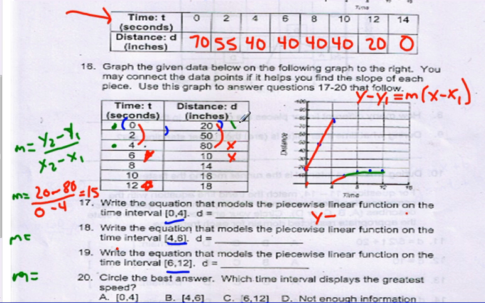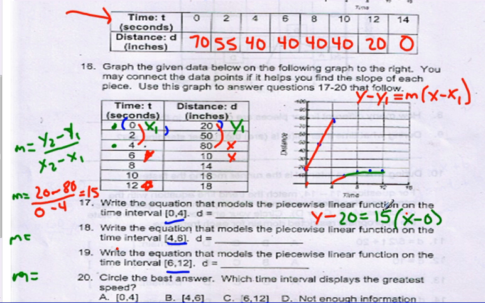Let's call this y1, and let's call this x1. Even though a second ago I called this y2 and this x2, it doesn't matter. That was just for the slope. You can change your mind and call this y1 and x1 for this equation. So you get y minus 20 equals m, 15, and it ends up being a positive 15 because you have a negative divided by a negative, and then x minus x1, which is 0.